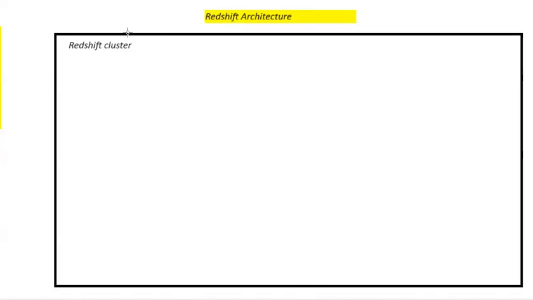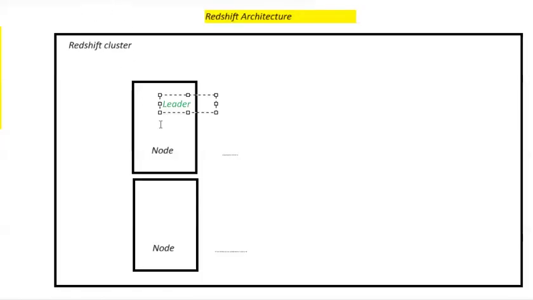Whenever we create a Redshift, it first creates a Redshift cluster. So what does this Redshift cluster contain, sir? This contains two types of nodes. First one is leader node and second one is compute node.